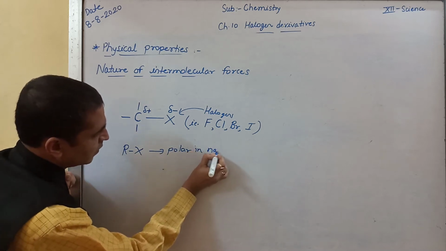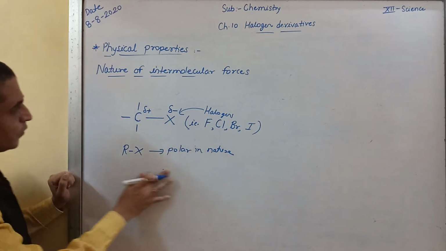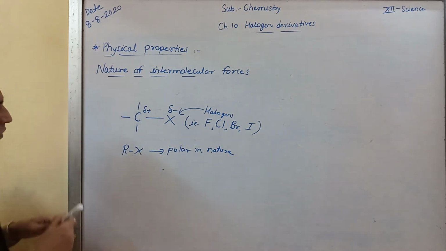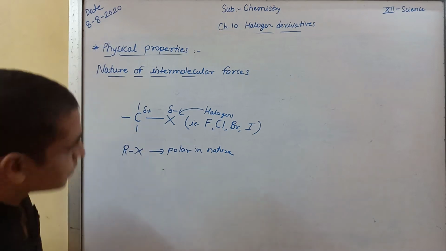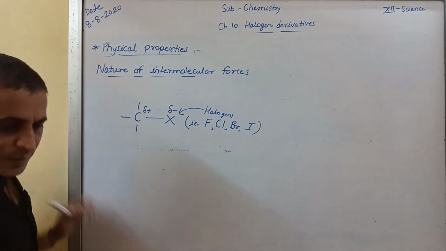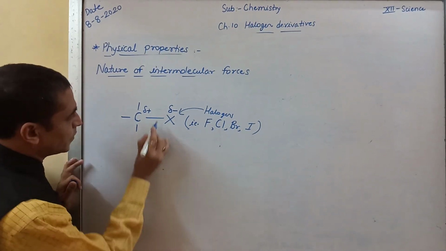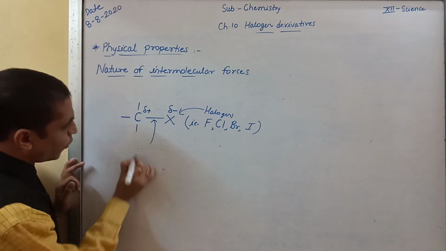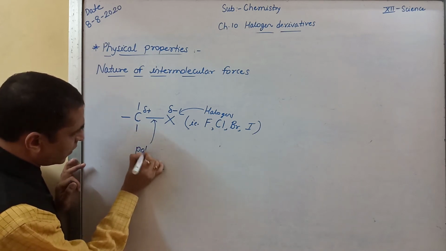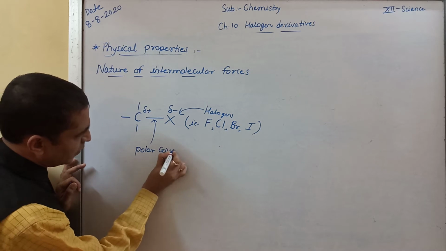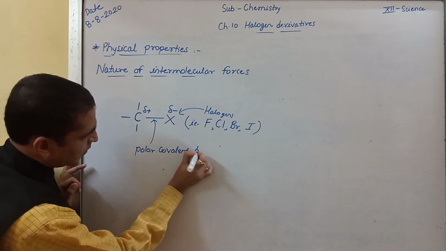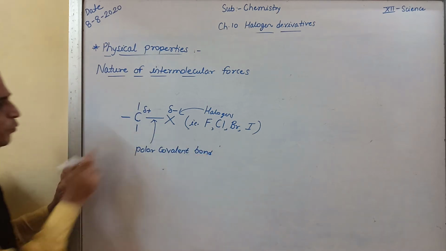Polar in nature. Now, one thing we have to study here, this bond, C-X bond, is a polar covalent bond. Why is it called polar covalent bond?